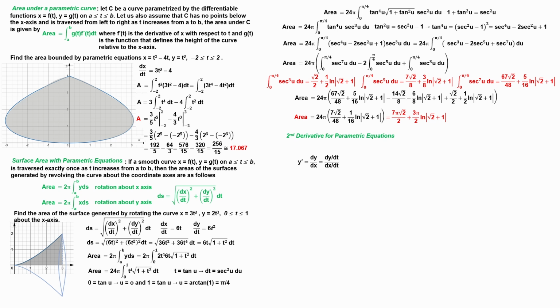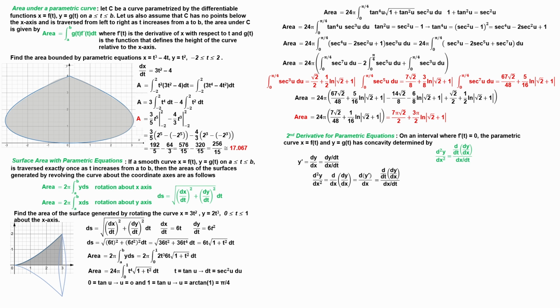To calculate the second derivative, first solve for dy/dx, then differentiate y prime with respect to t and plug it into the formula to calculate the second derivative. Let us see how it works.